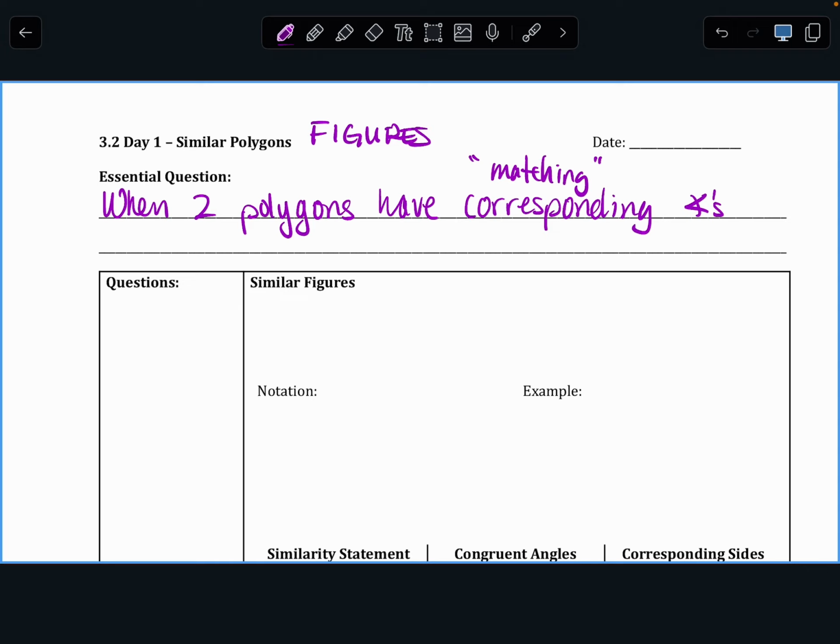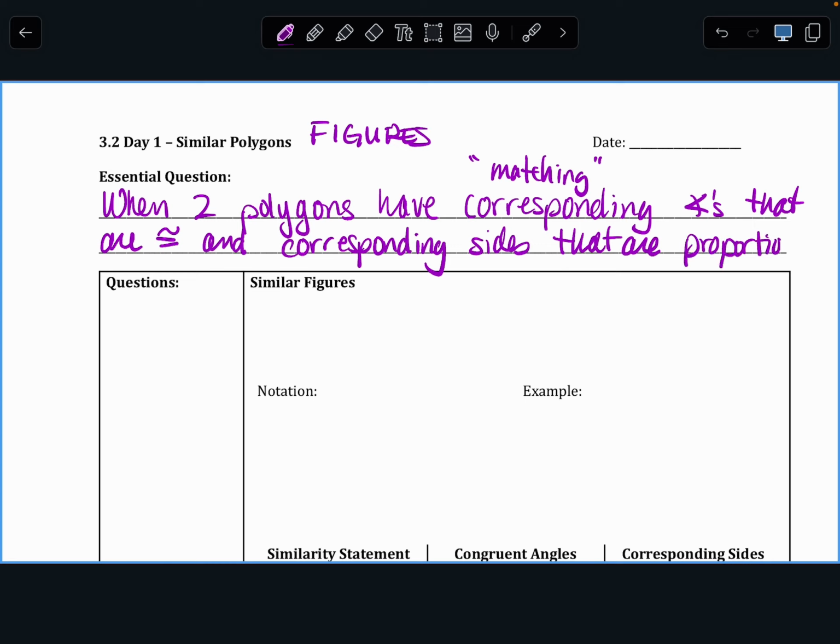Corresponding angles that are congruent and corresponding sides that are proportional. Proportional. All right. So the important thing here is the proportional part.